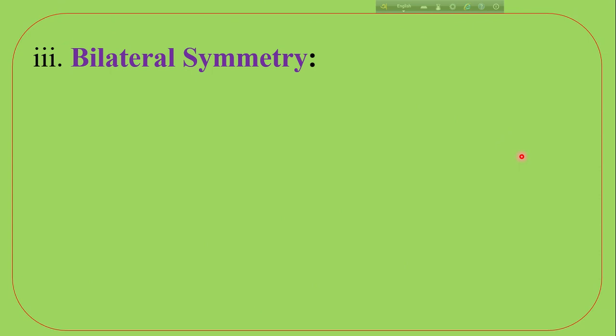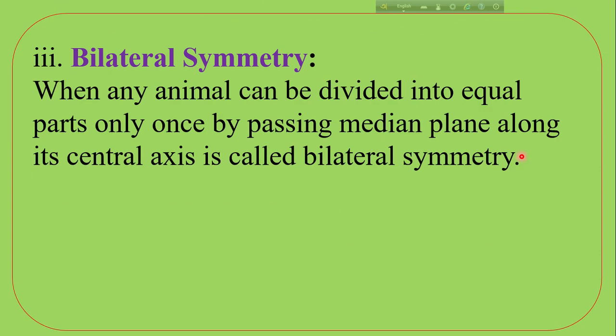Bilateral symmetry. When any animal can be divided into equal parts only once by passing the median plane along its central axis, it is called bilateral symmetry. That means if we divide this type of animal, it will be divided into only two exactly same parts.